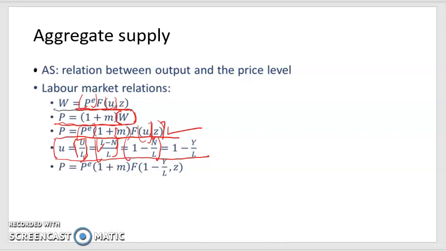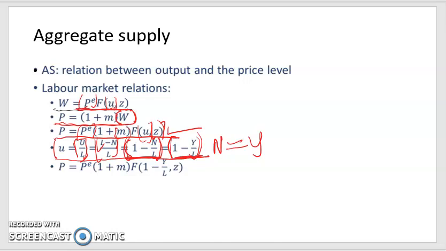Because we said from our production function that N equals Y, we concluded that we can show the relationship between unemployment using the relation between employment and output.